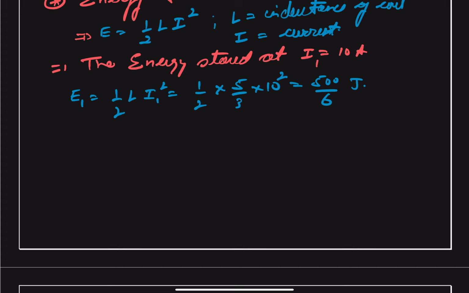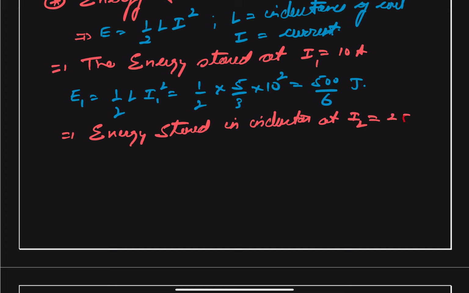Similarly, we can find out the energy stored in the inductor at the final current, that is I2, which is our 25 ampere.